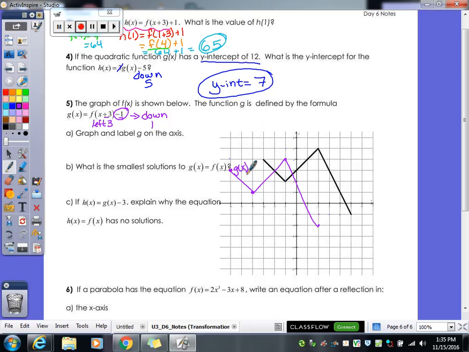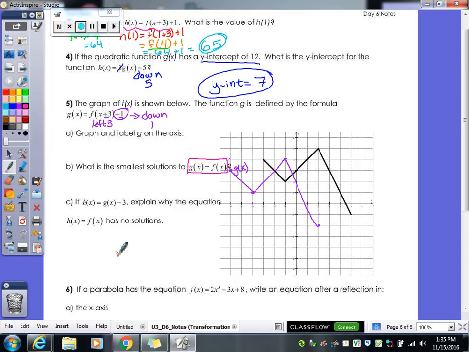There's our new function, g of x. So we did part A, graph and label g on the axis. We did that. Part B, what is the smallest solutions to g of x equals f of x?